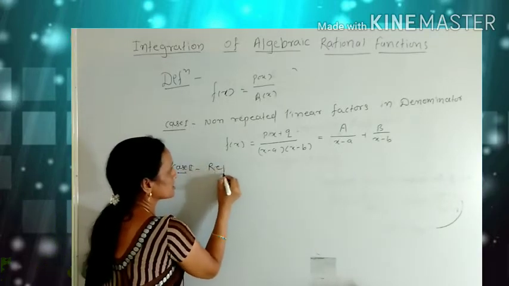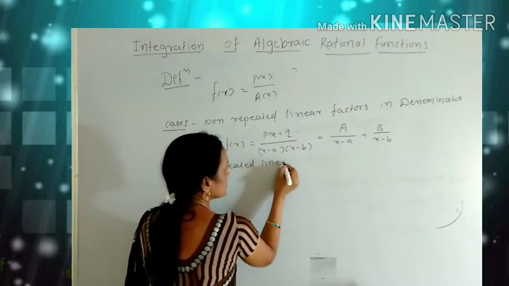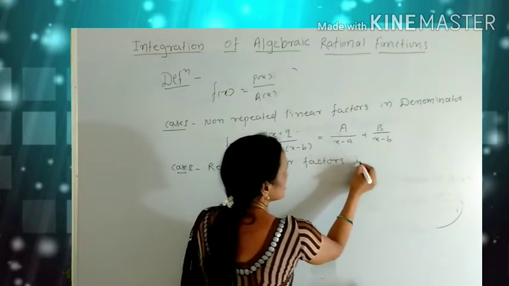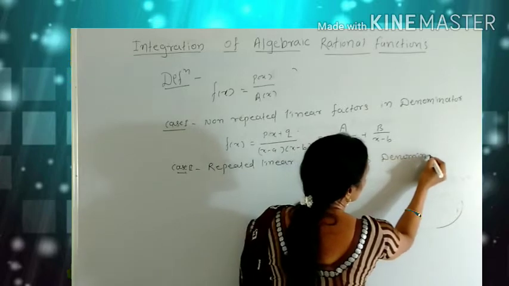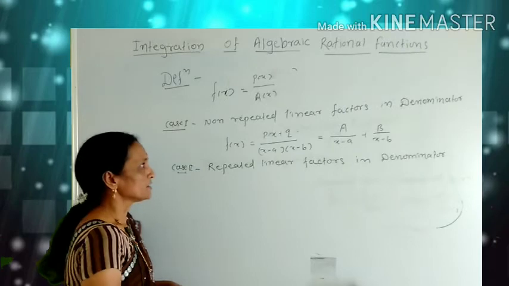Now, the second case is repeated linear factors in the denominator.